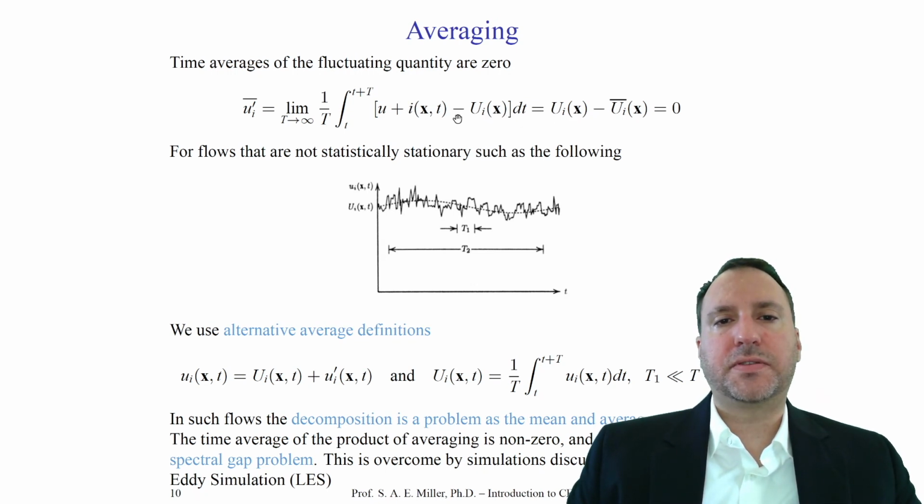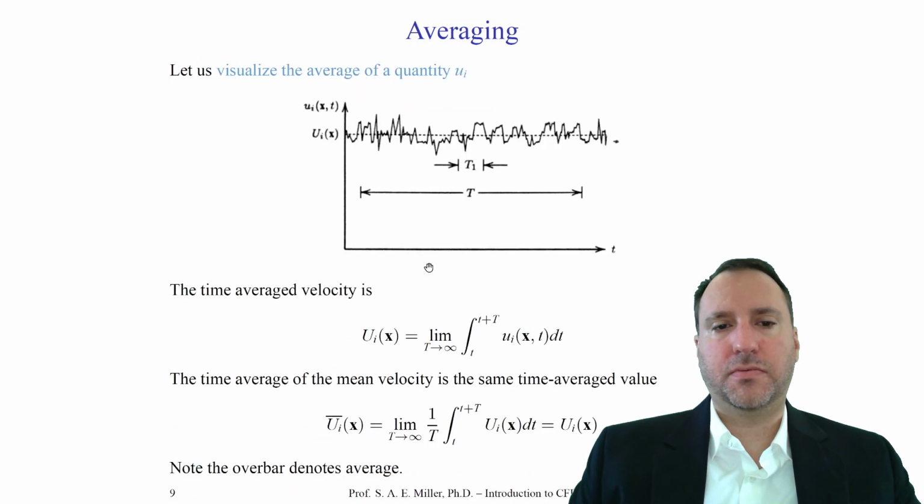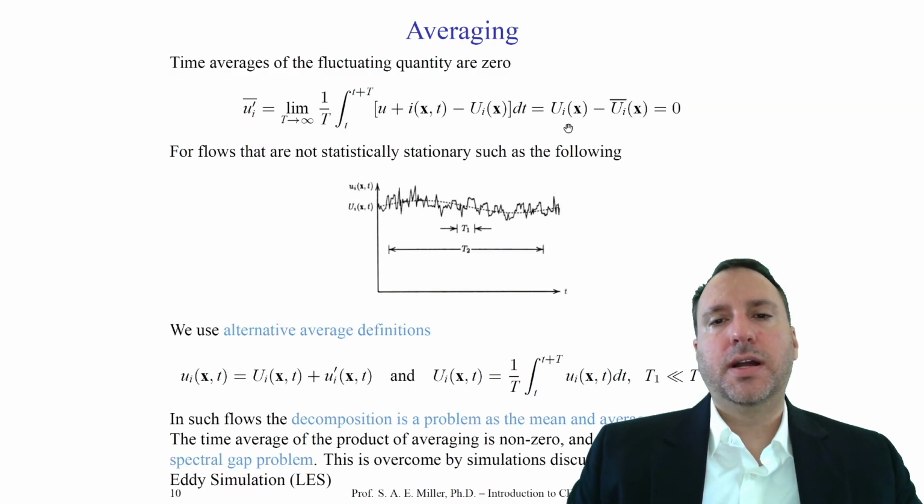Since it's an integral with a subtraction sign, we can do both individually and use our original terms. We'll have an average of an average, which is the second term, that's U bar, and the first term, of course, will be the original definition of the average, which you saw in the middle equation on slide 9. And if we subtract the average minus the average, of course, it will be 0.